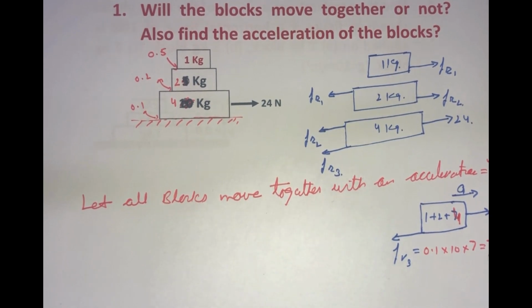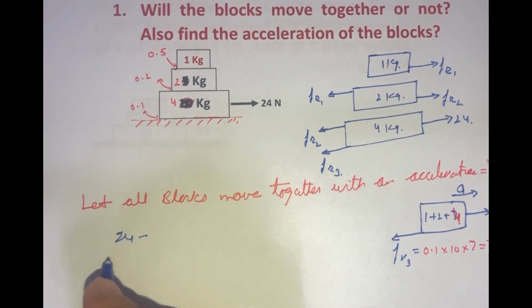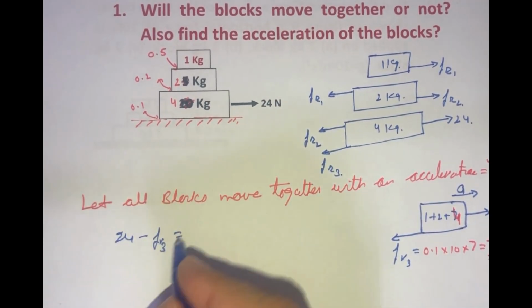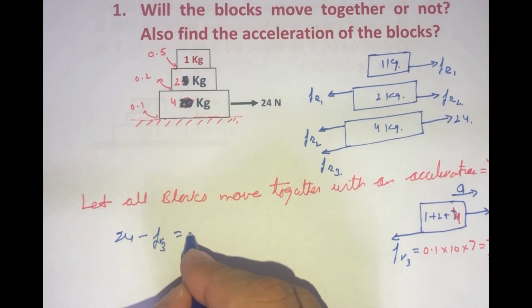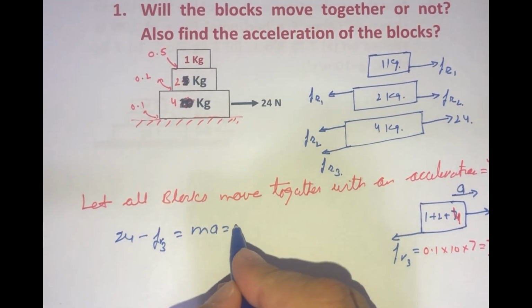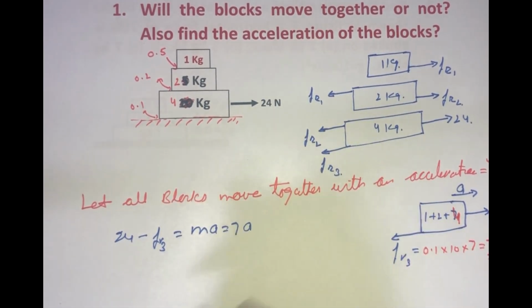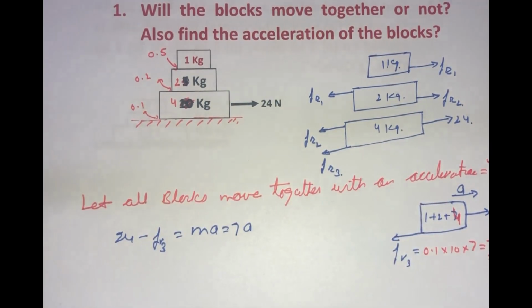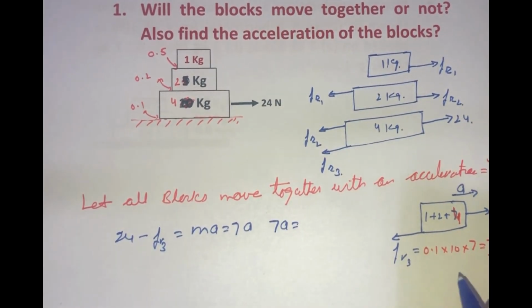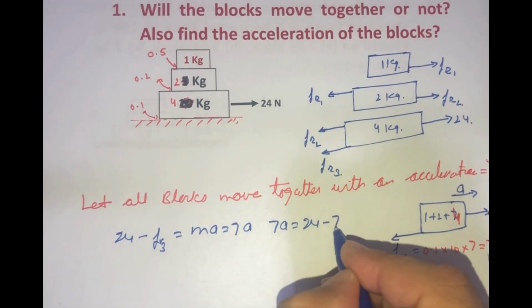So we can write the equation that 24 minus Fr3 is equal to mass into acceleration. Mass is 7, this is 7A, and from here we can say that 7A will be equal to 24 minus 7 Newton.